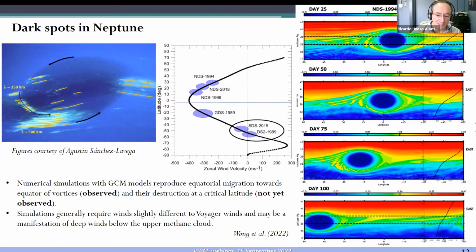And the models predict that this kind of vortex, as it migrates towards the equator, should be destroyed and should produce new cloud features that we have never been able to observe. There have been a few attempts, not only with the one dark spot that was discovered in 2018 that has been moving to the equator but has never really broken apart and disappeared. But models are able to predict how these vortices can migrate in agreement with the observations.